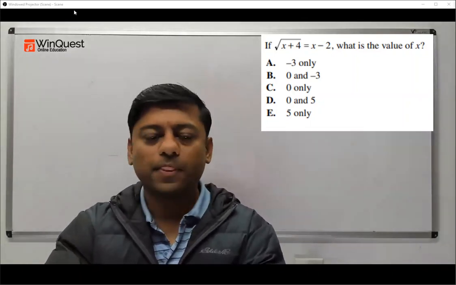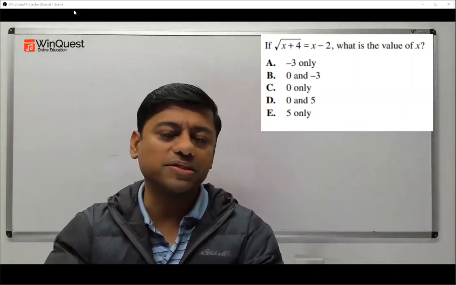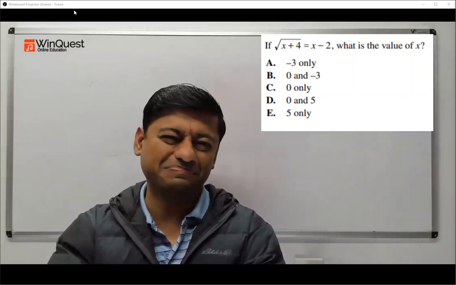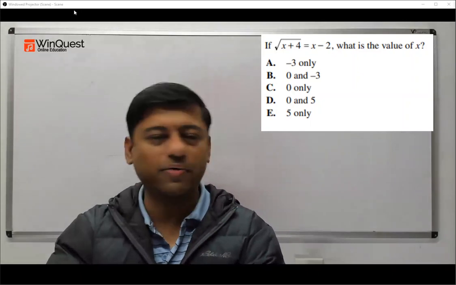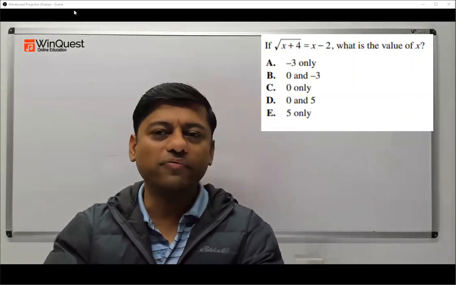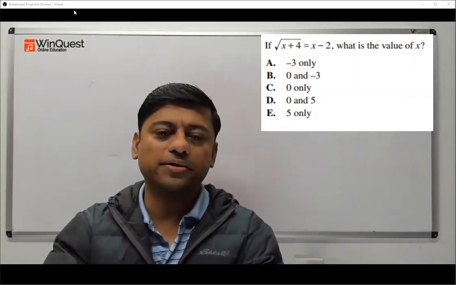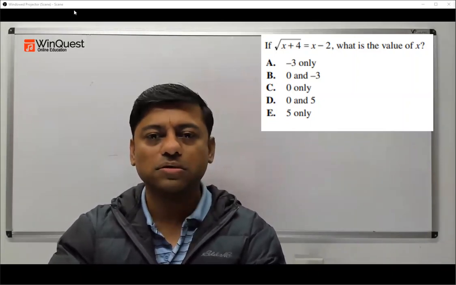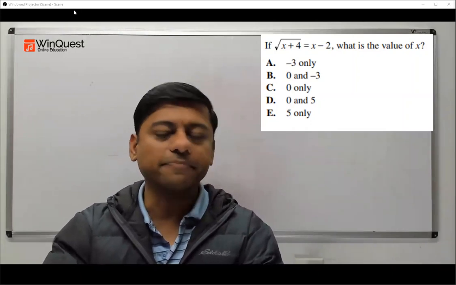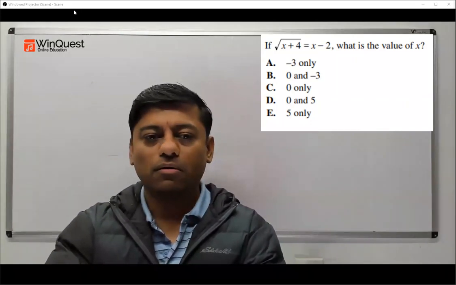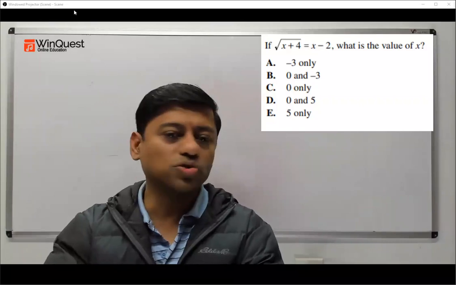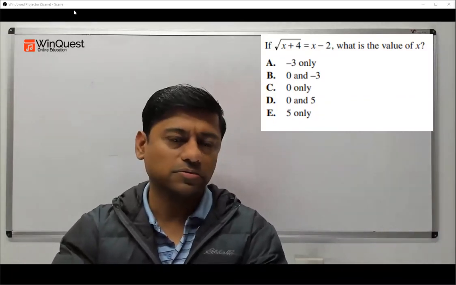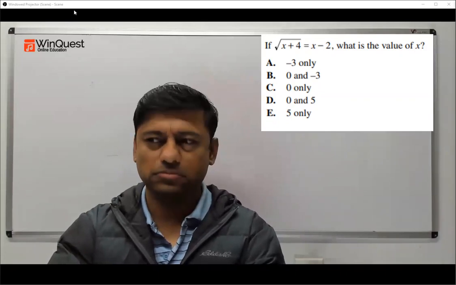When you have an expression with a radical such as x plus 4, the only way of getting rid of that portion is to square it. There is no other alternative to it. Are we clear? Make sense?